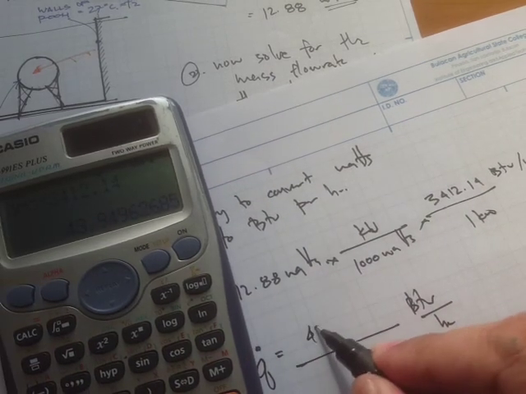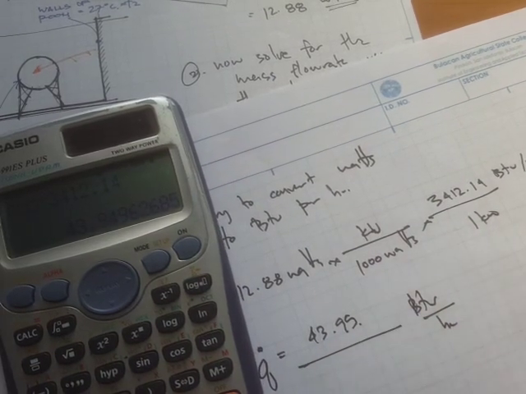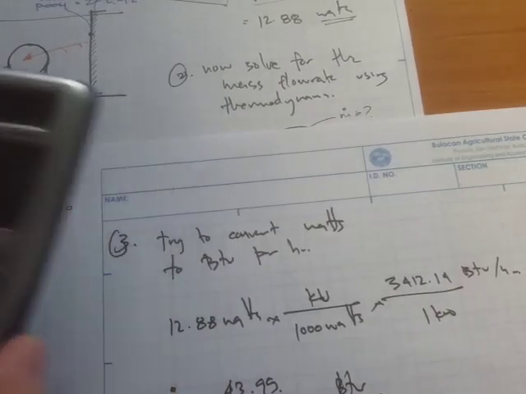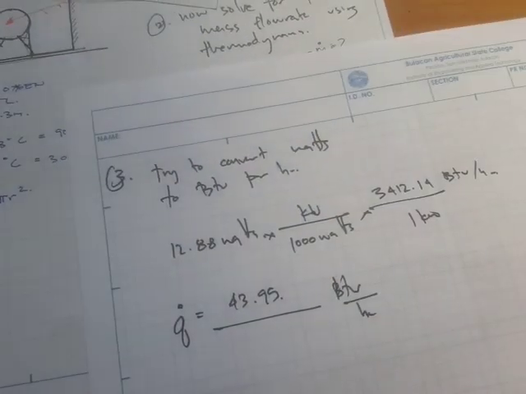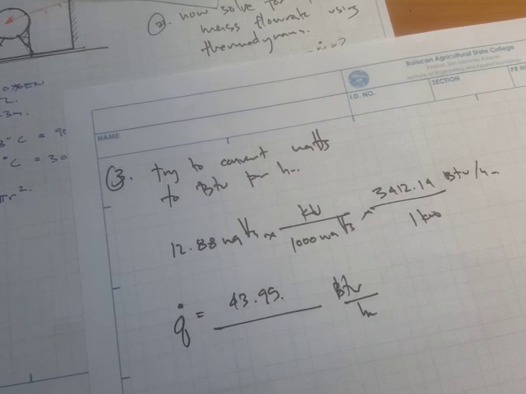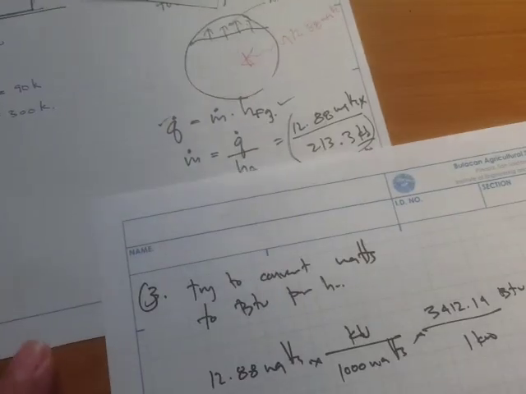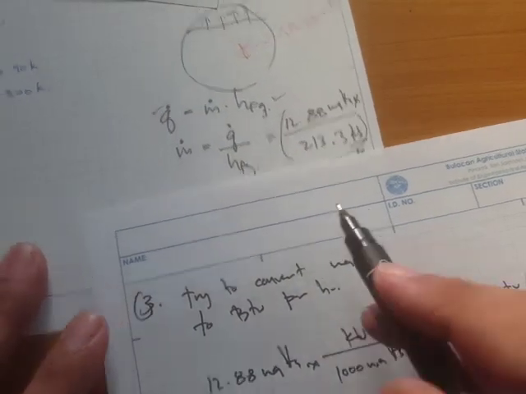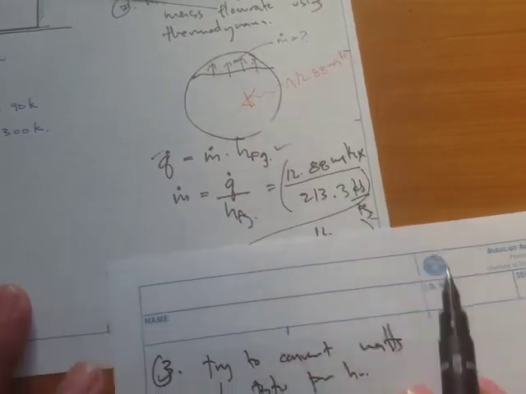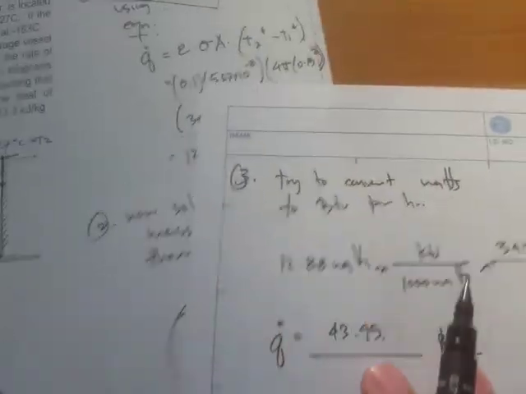So we have 43.95 BTU per hour. And once you have that, of course you'll be needing values from the IP units.